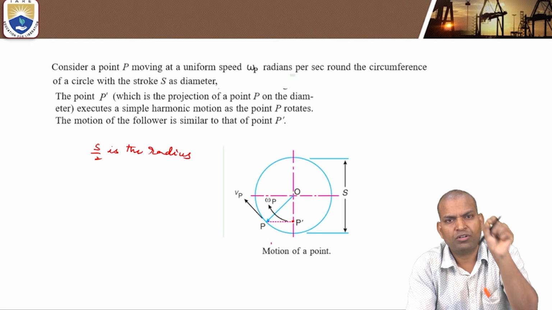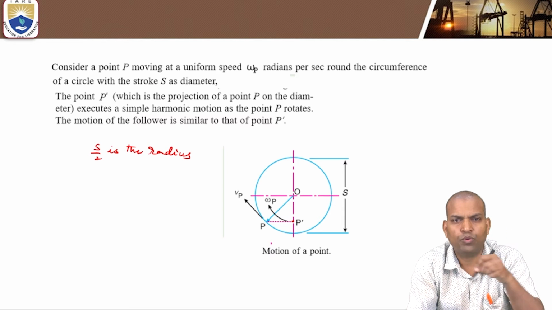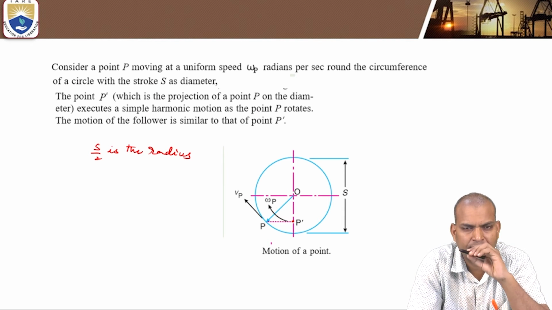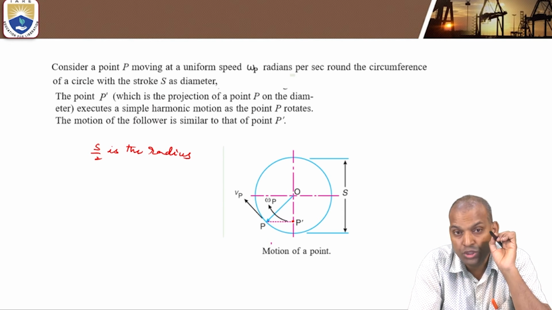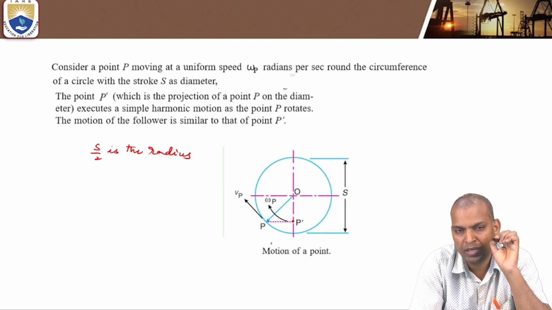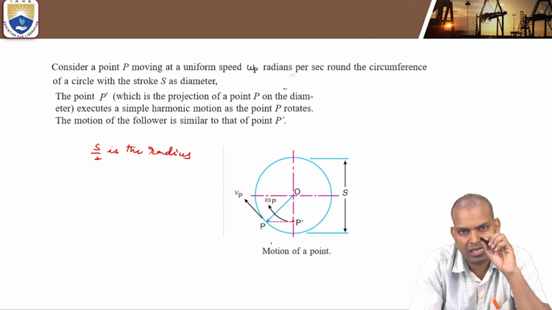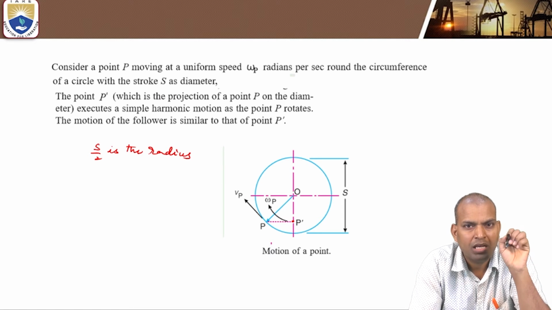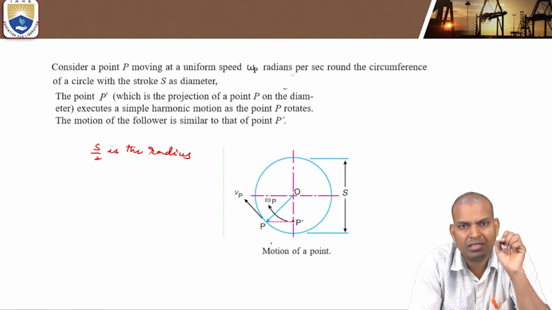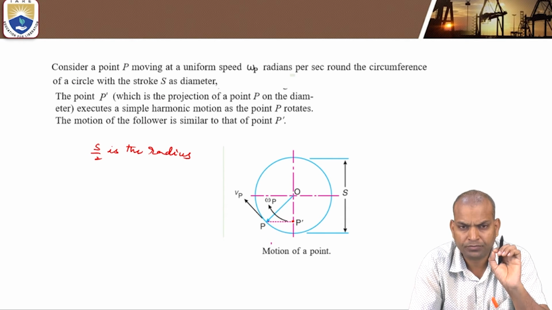When point P is rotating in a circular direction with uniform speed, that is omega p radians per second, the motion of the projection of point P, either on the y-axis or x-axis, is known as simple harmonic motion.